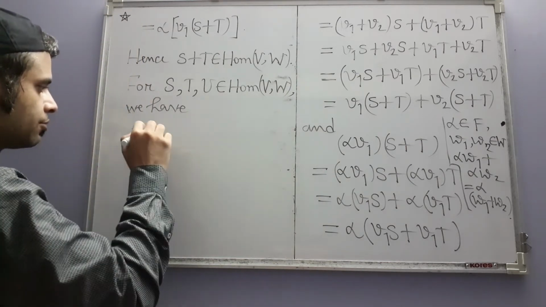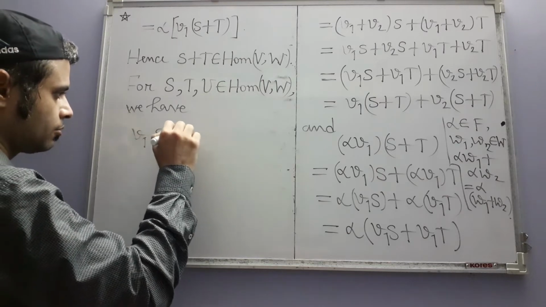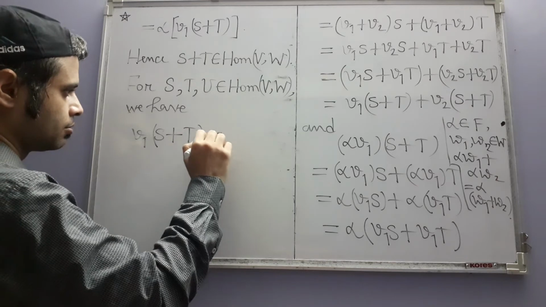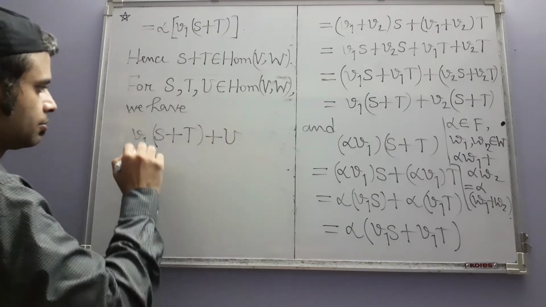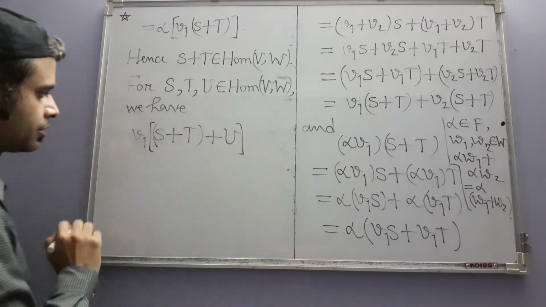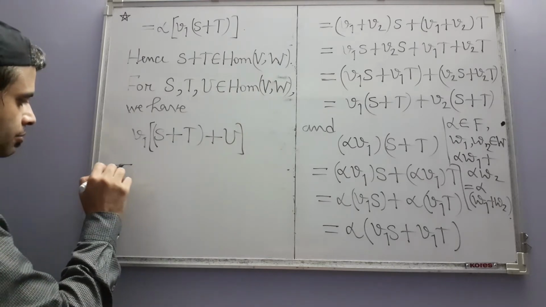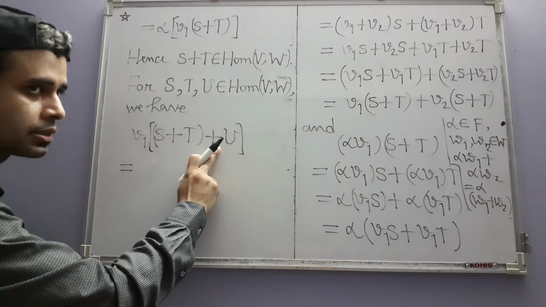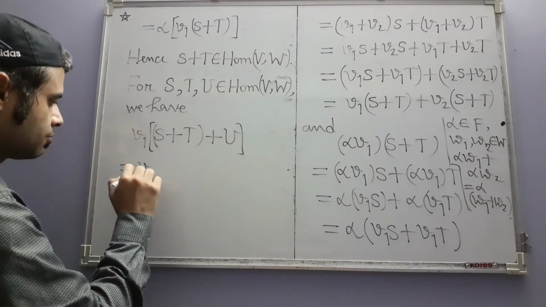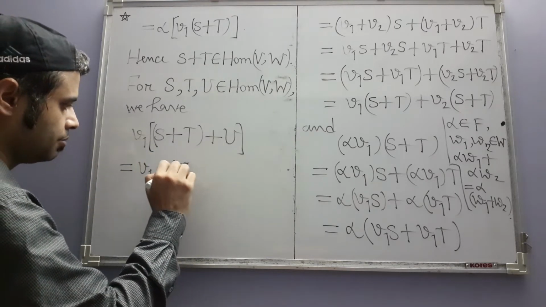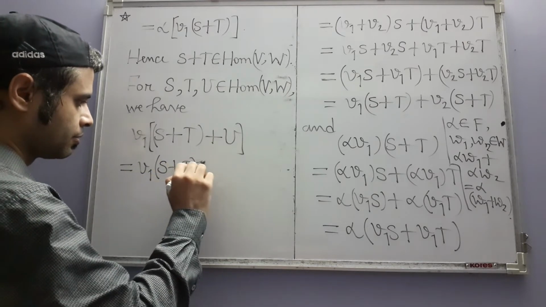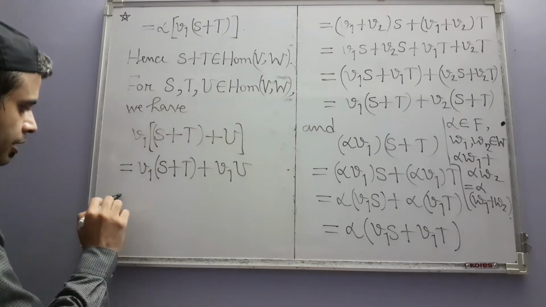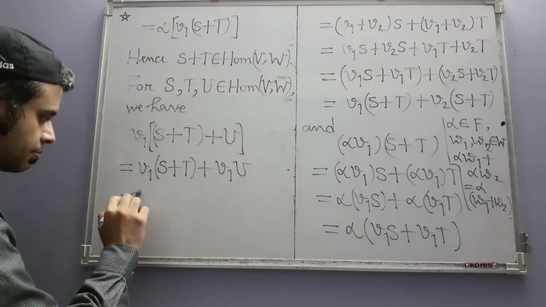So what we are now going to do, we are going to look at the effect of this function on V1. First of all, you apply the definition of this outer sum. So this is equal to the S plus T image of V1 plus the U image of V1. Then again you apply the definition of this sum.